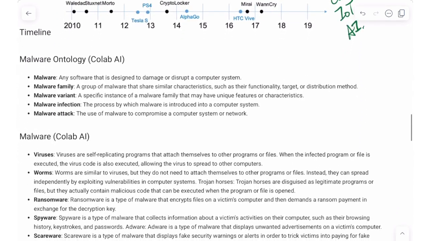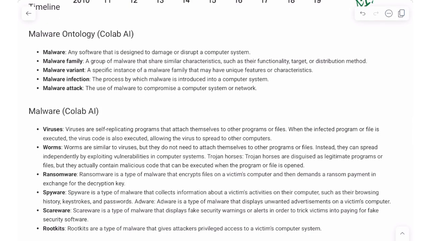Okay, so when we talk about malicious software, we have several different things to discuss. Malicious software is software designed to damage or disrupt a computer system. And there is a concept called a malware family, because a hacker may write a malicious program, compile it, and send it to the internet to try to invade victims, right?